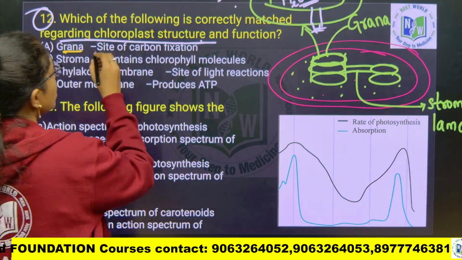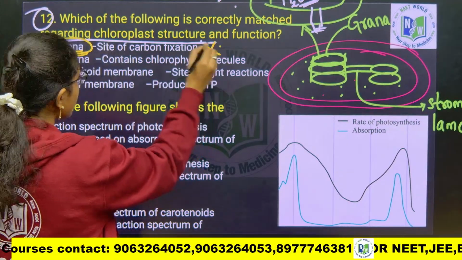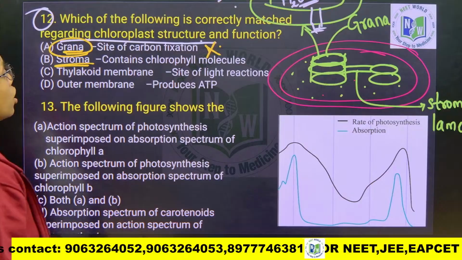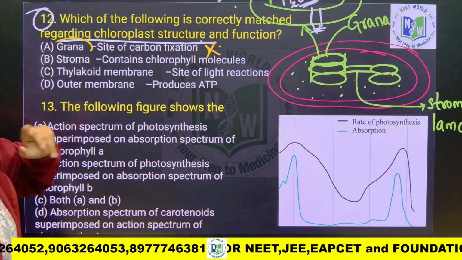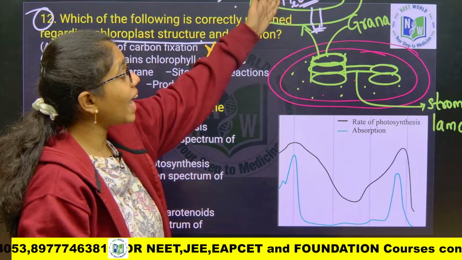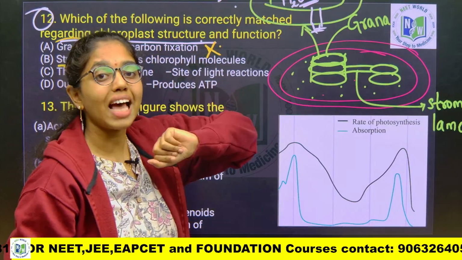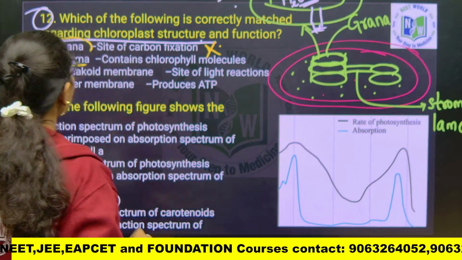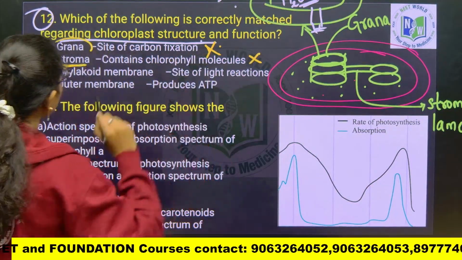So, grana is not the site of carbon dioxide fixation. Next you see, stroma contains chlorophyll molecules. No, stroma doesn't contain chlorophyll molecules. Just now we have discussed, inside the light harvesting complex which is present in thylakoid membrane, there lies the what? Chlorophyll pigments, not in the stroma. So, this is also wrong.